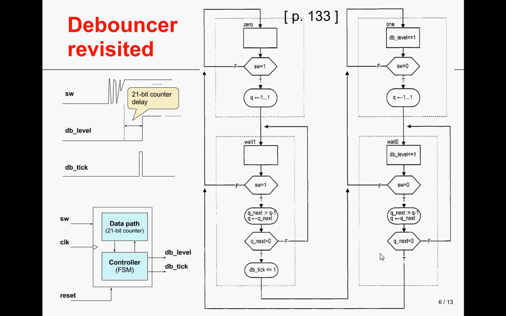Now, to see the usage of FSMDs in practice, we will consider the example of a debouncing circuit, and at this point I do recommend that you go to chapter 5 of the book addressing the finite state machines topic, where a similar application has been presented, with the exception that there the counter that was used to set up this small delay was not controlled by the finite state machine.